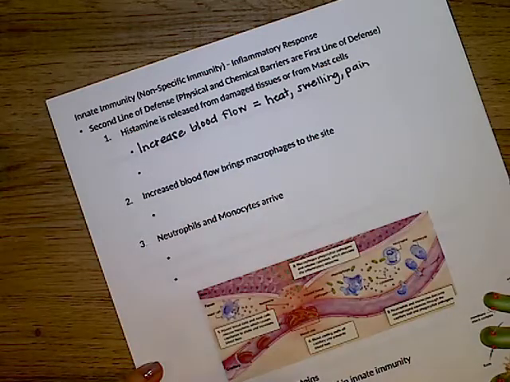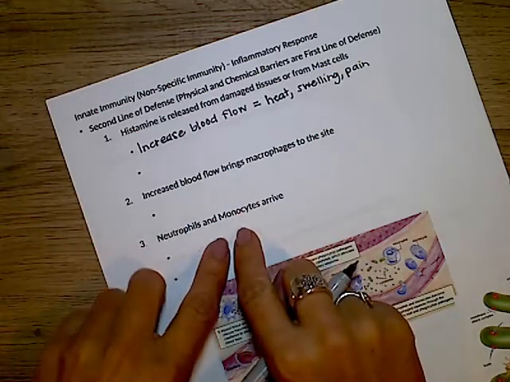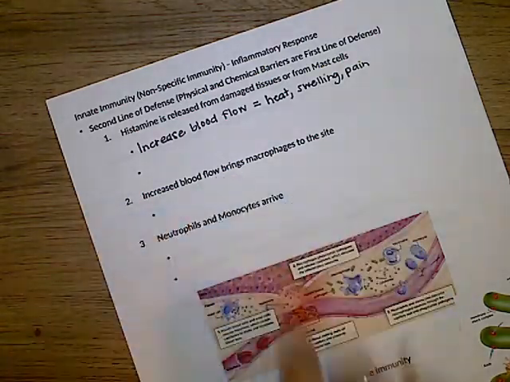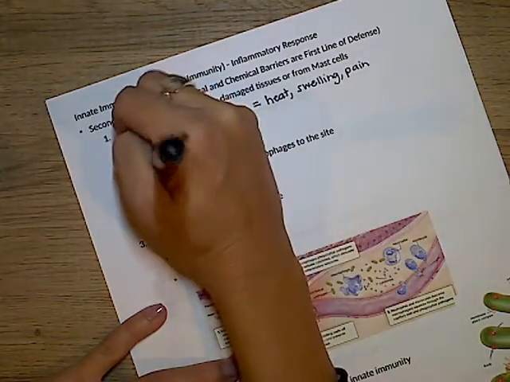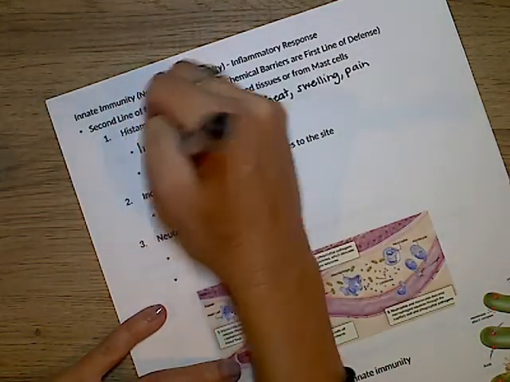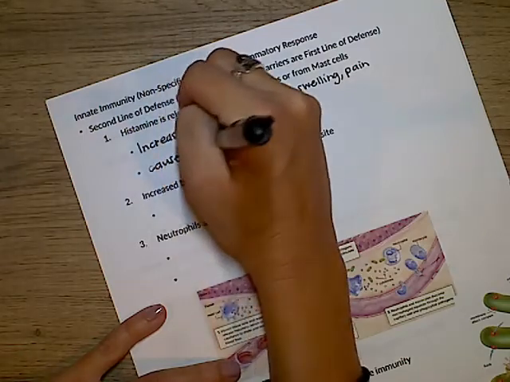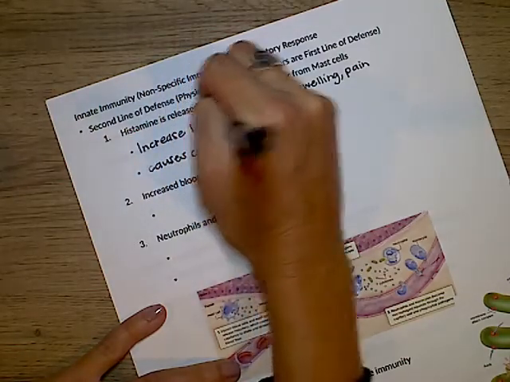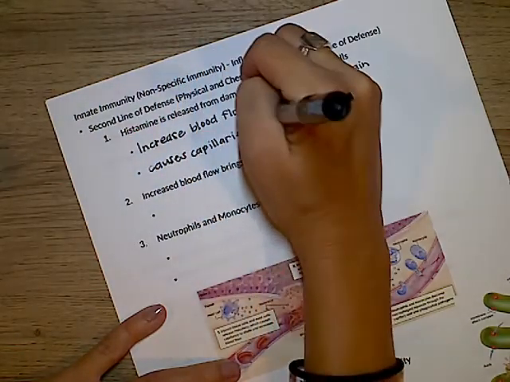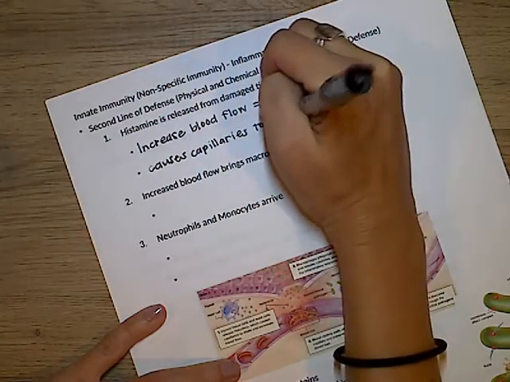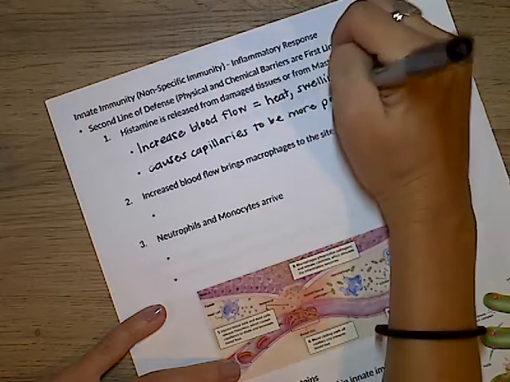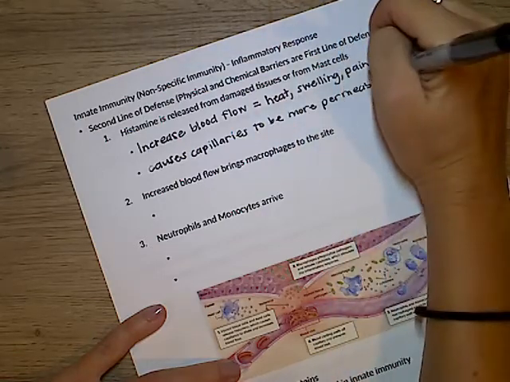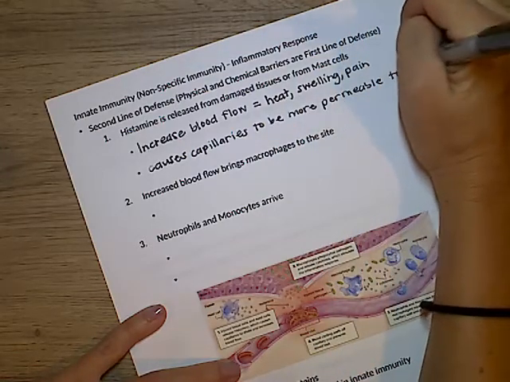It also causes capillaries to be more permeable to white blood cells. Remember how the white blood cells can kind of sneak out into the tissues through the capillaries? So it causes capillaries to be more permeable to white blood cells.